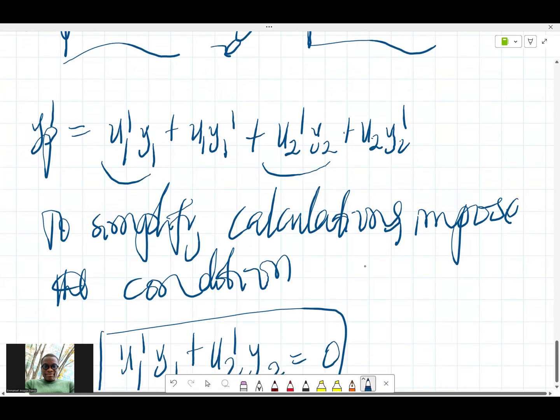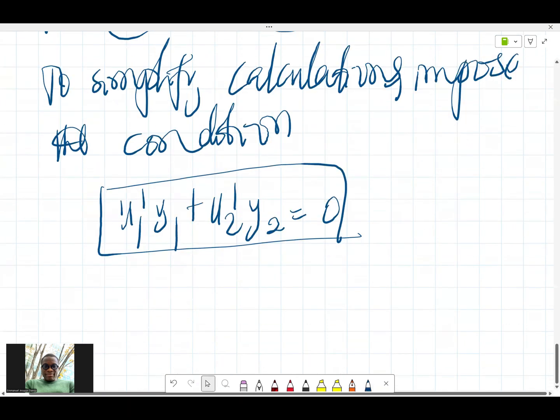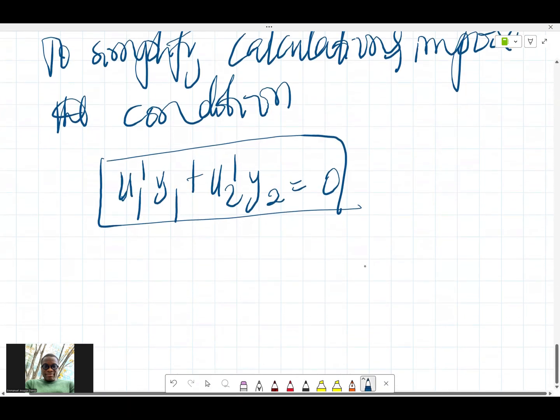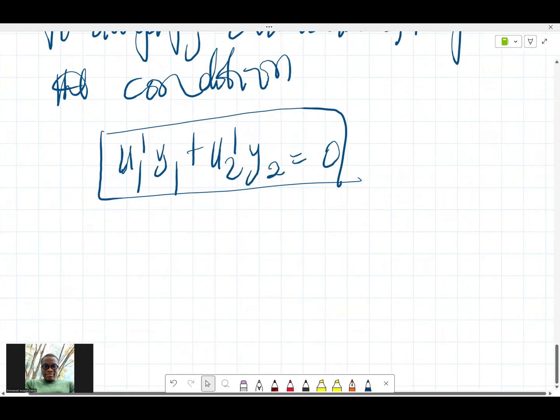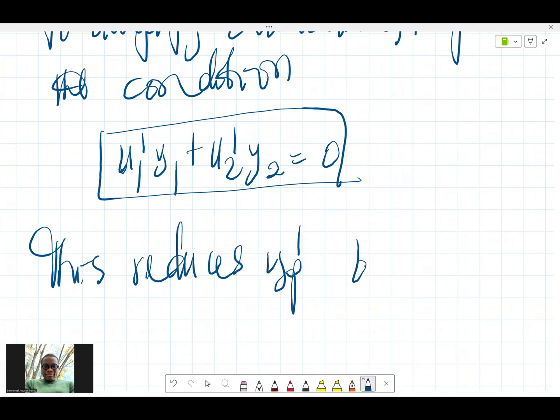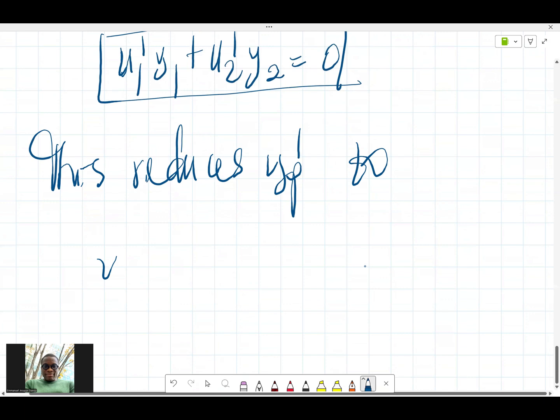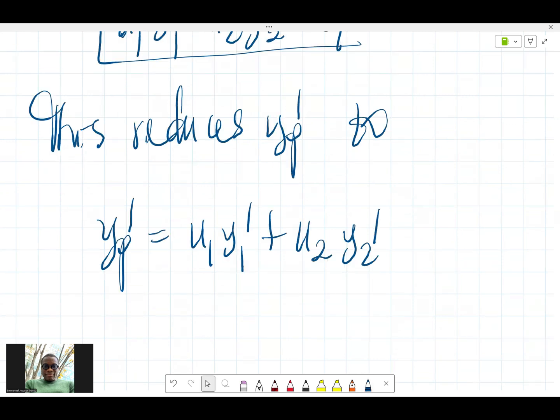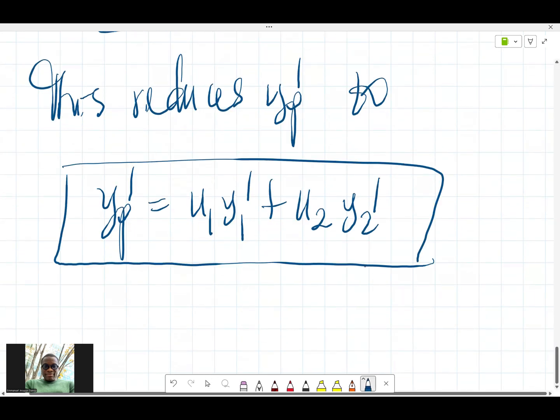So at the end of the day, you only have u1 y1 prime plus u2 y2 prime for yp, right? Because we want to simplify, we just impose this condition on the system. This reduces yp prime to yp prime equals u1 y1 prime plus u2 y2 prime. So this is what yp prime becomes now.